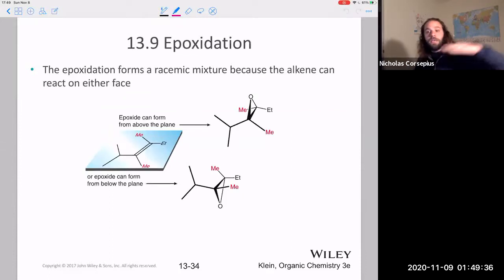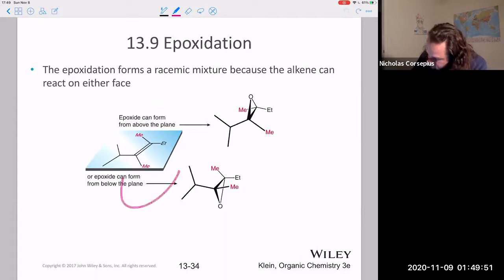Remember that these alkenes are flat, right? So I can have my syn addition happen from the top. That would give me one epoxide product, or I can have my syn addition from the underside of this plane, and that would give me the other, right? So I can get this racemic mixture of two different epoxides when I create those two new stereocenters.